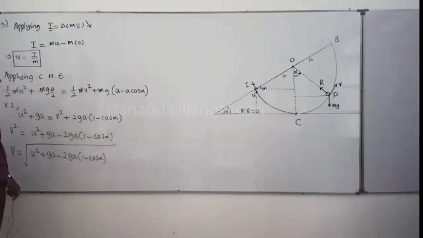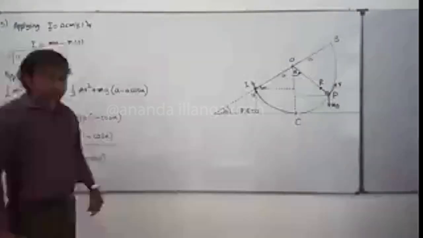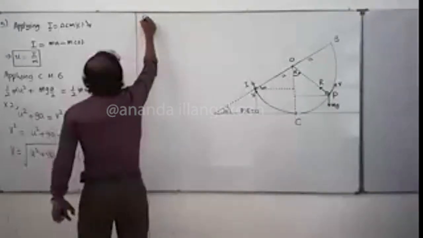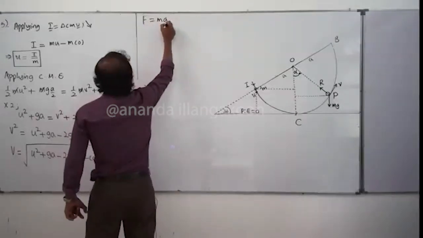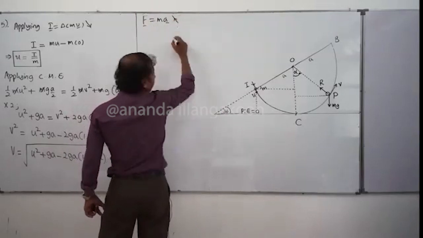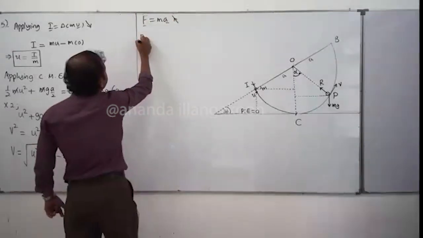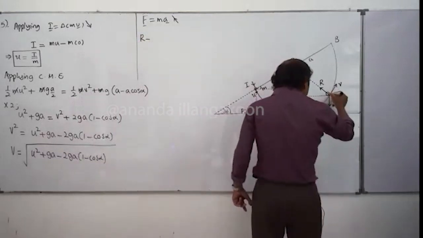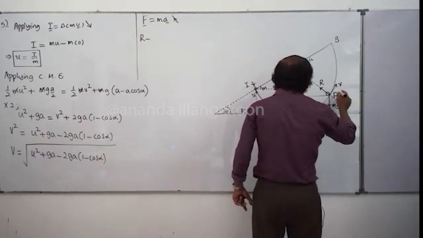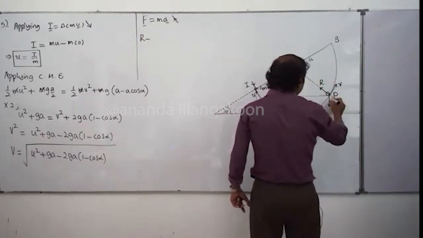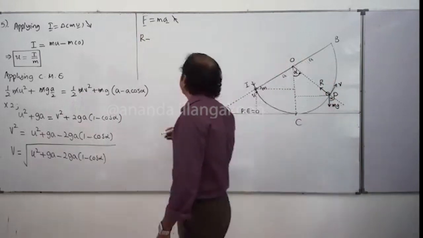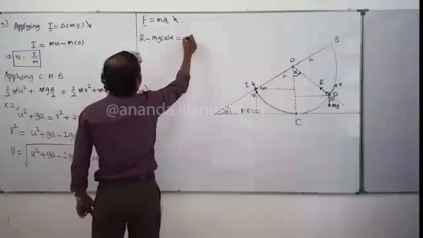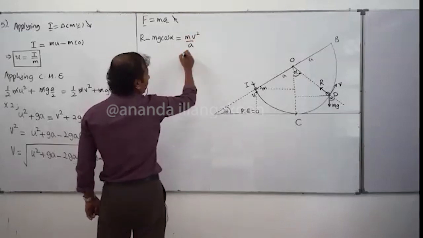Right. Now we'll apply F equals ma next. R minus, if this is alpha, this is also alpha, mg cos alpha equals mv squared upon a.